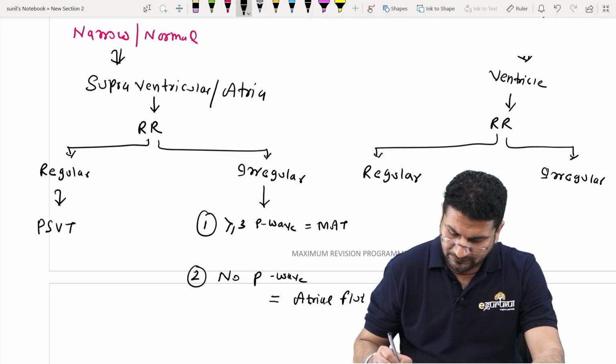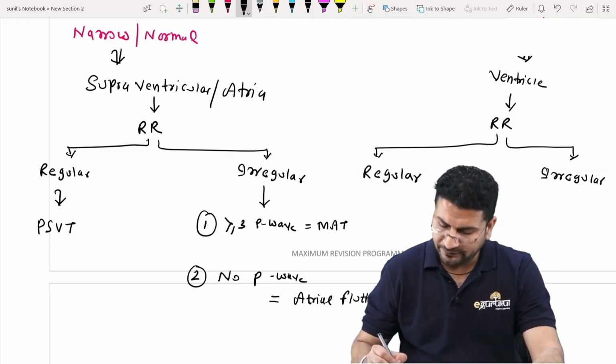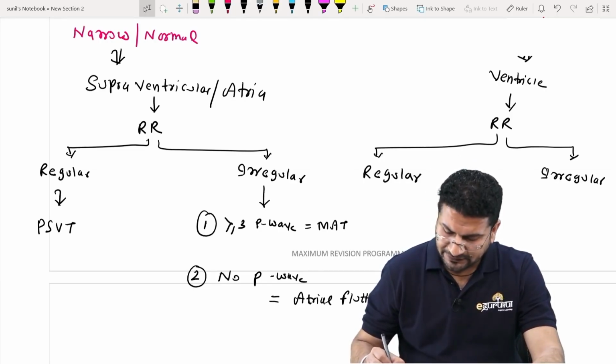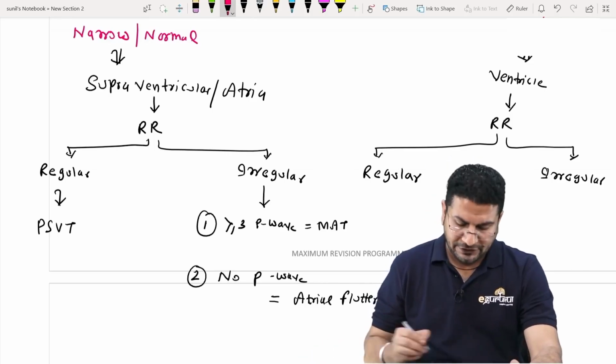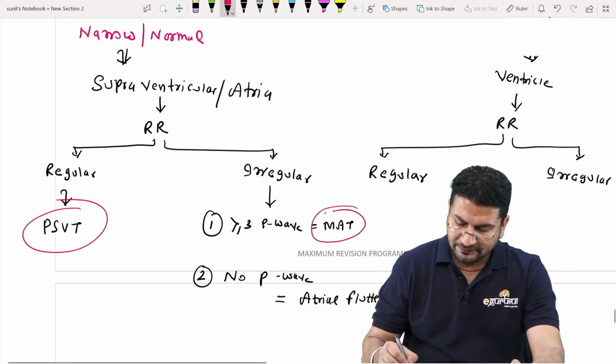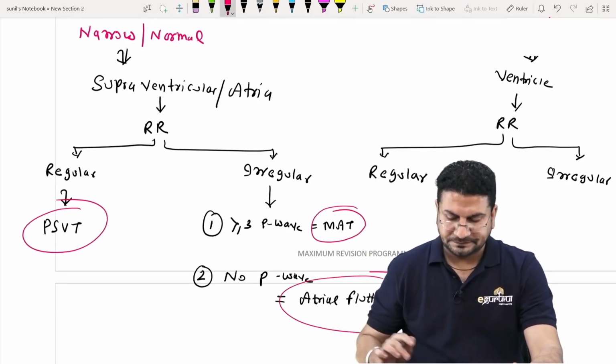Flutter will have bigger waves, we call them sawtooth waves. Fibrillation will have tiny waves. So understand this, if you see narrow QRS, your differential should be PSVT, MAT, atrial flutter and fibrillation.